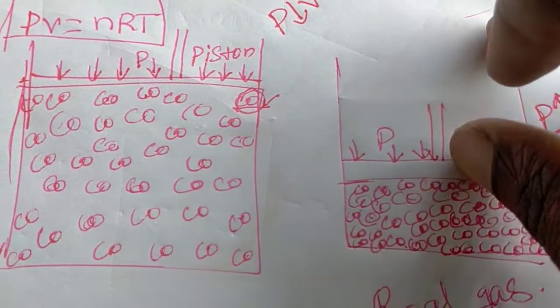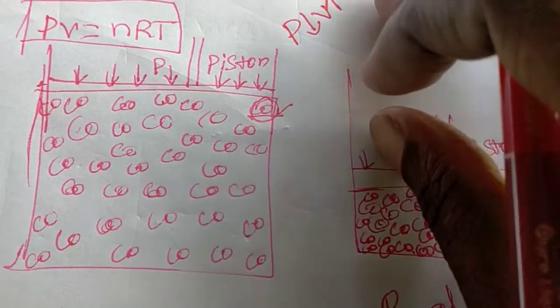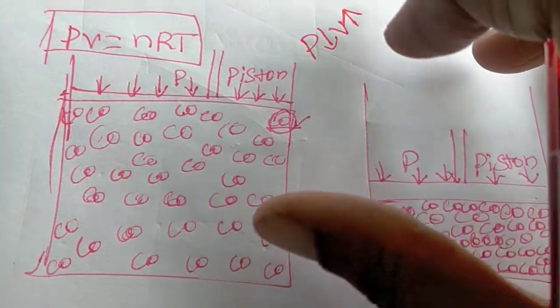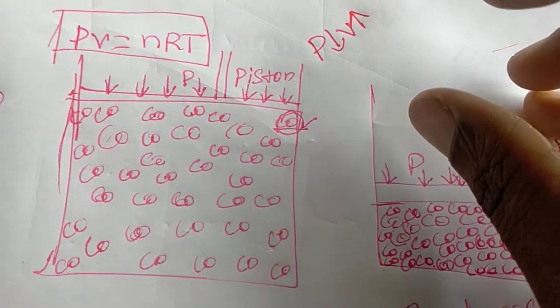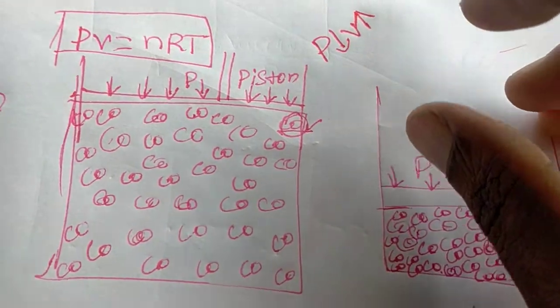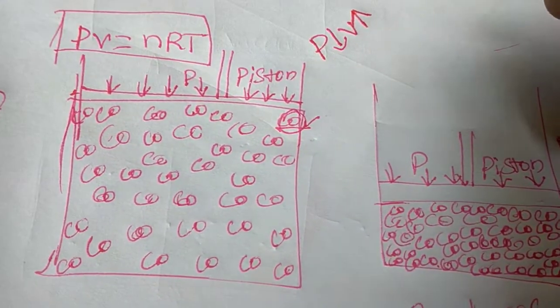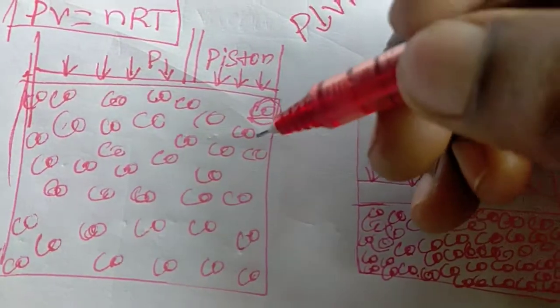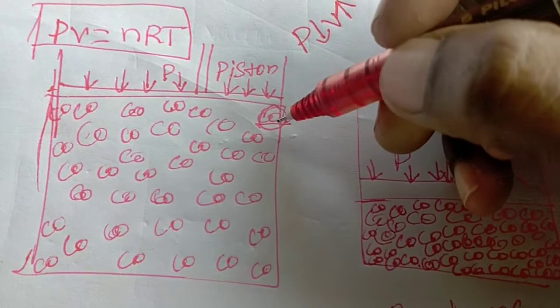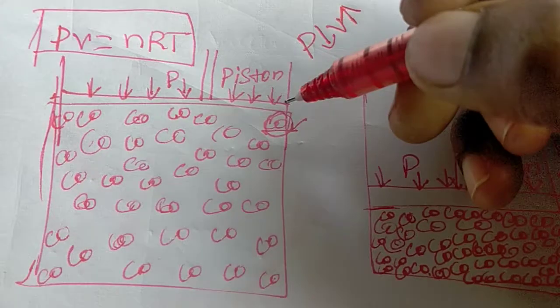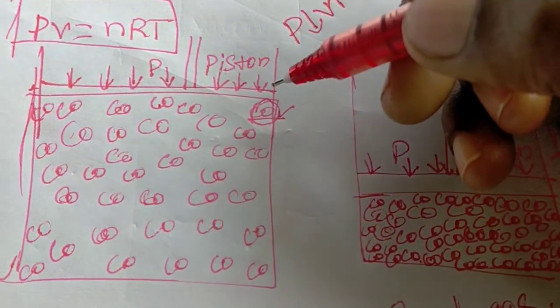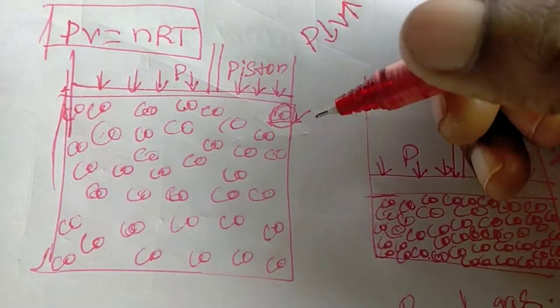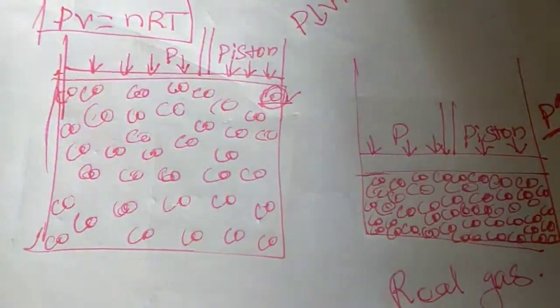So because of increasing the volume, the volume occupied by a single molecule in the system is a very small place, because compared to the large volume, the volume of the single molecule is very less, or it is a small value. So the small volume is negligible, or we are not taking the volume of each molecule into consideration.